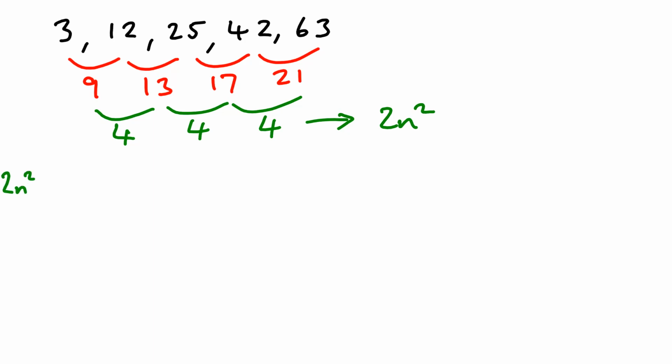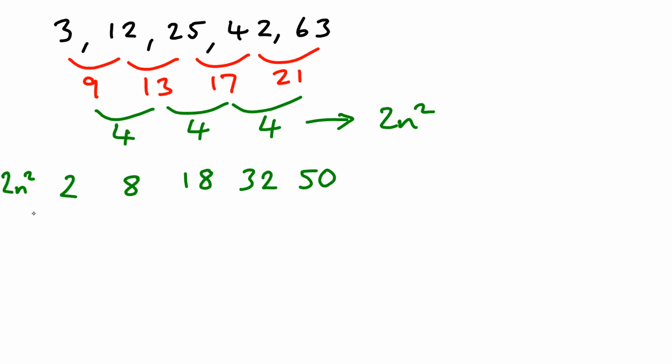So let's write down what 2n squared is. Well, 2n squared is just double all the square numbers. So instead of 1, 4, 9, I'm going to have 1 times 2, which is 2, 4 times 2, which is 8, 9 times 2, which is 18, 16 times 2, which is 32, and 25 times 2, which is 50. So this 2n squared will give me these numbers here.